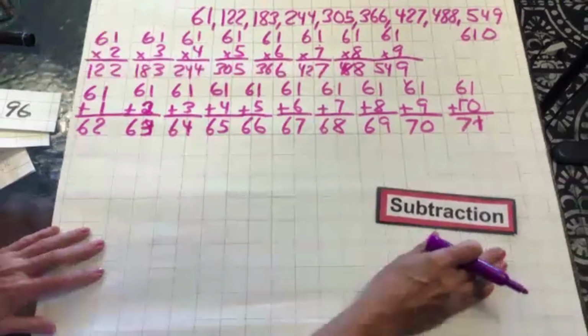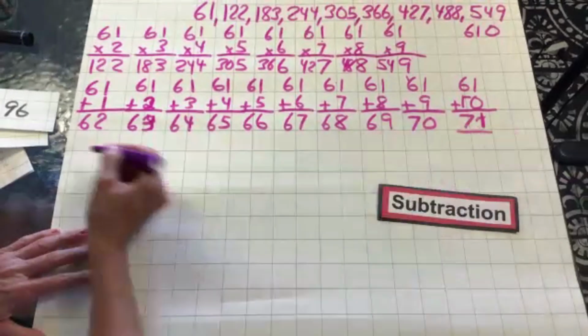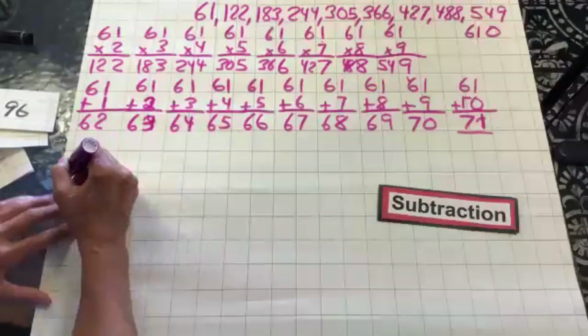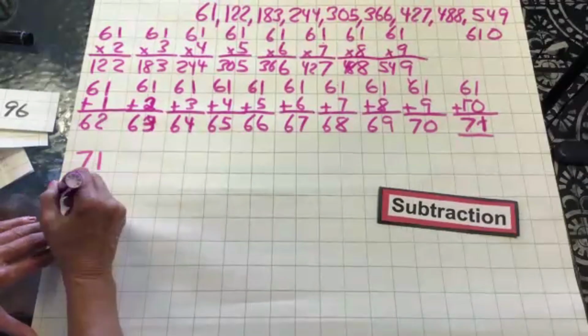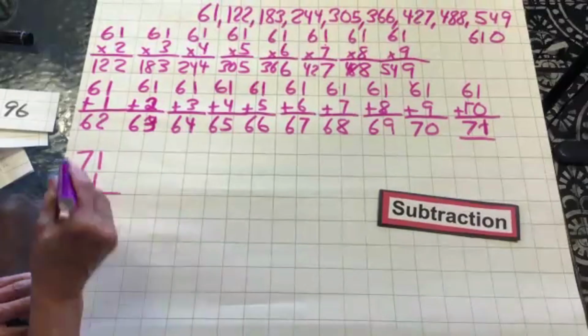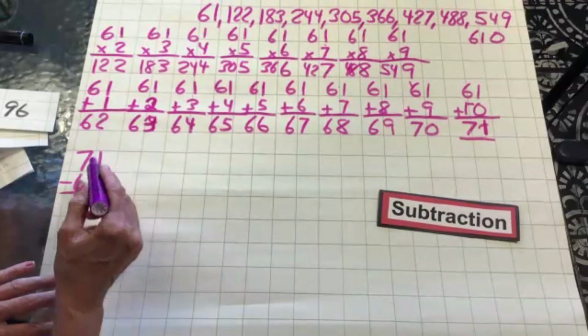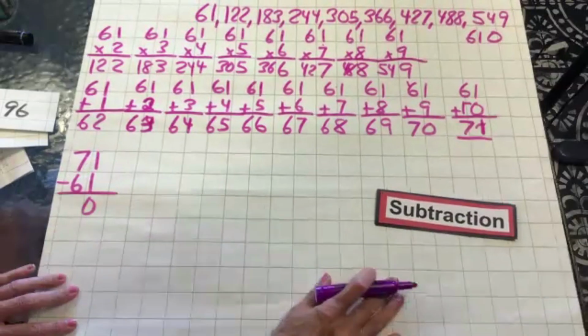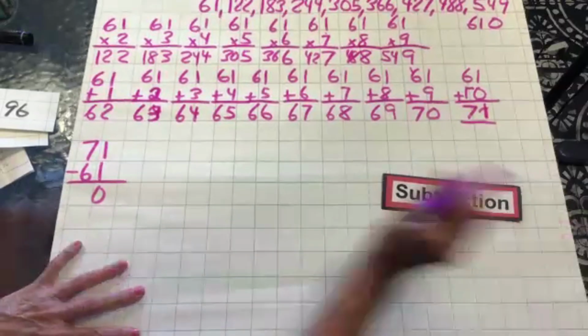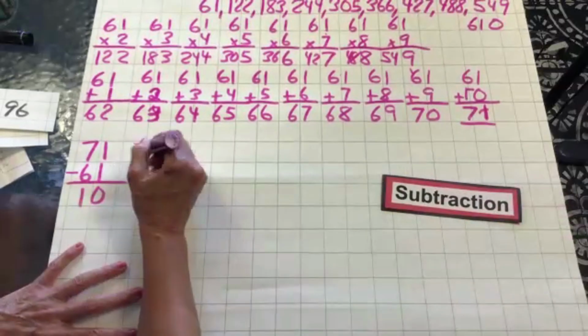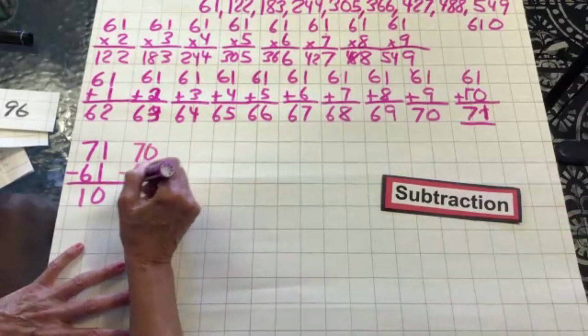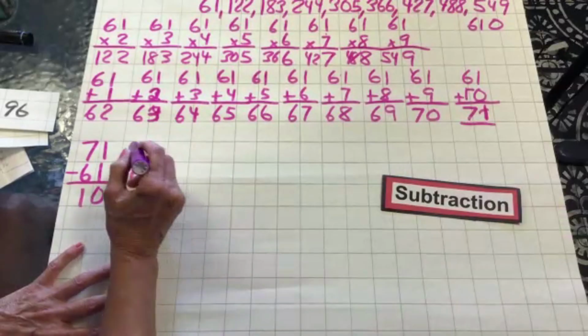Let's go on to subtraction, starting with our first sum here. 71 minus 61. 1 minus 1 is 0. 7 minus 6 is 1. 70 minus 61. 1 from 0 cannot do.